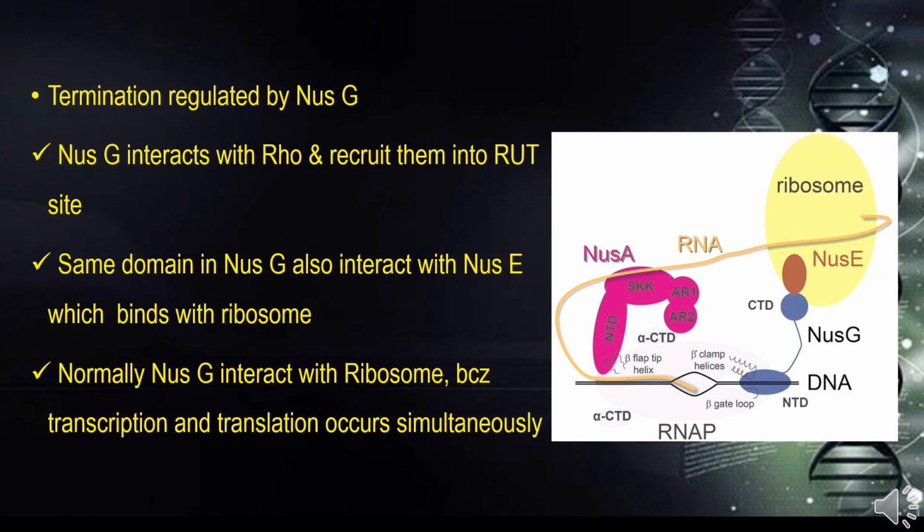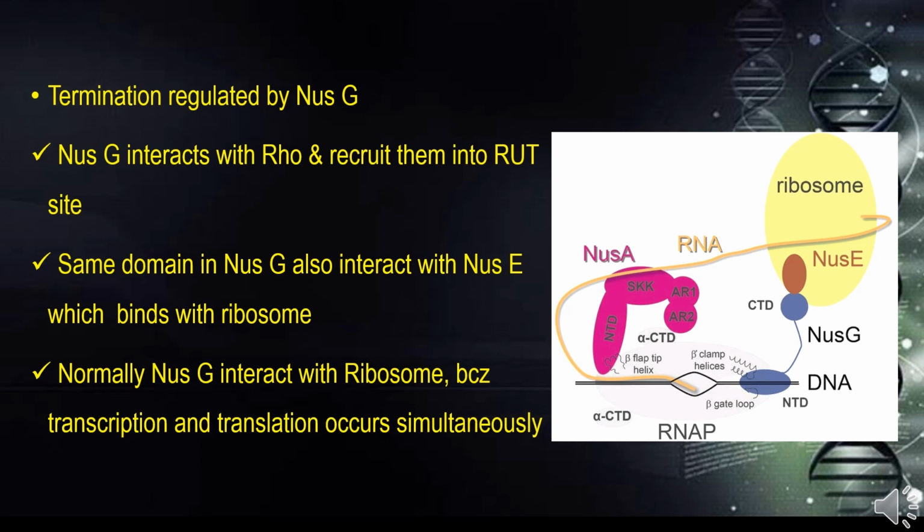In this process, that is rho-dependent termination, termination is regulated by a protein called NusG, N-utilization site protein G. This NusG protein interacts with the rho factor and recruits rho factor to the RUT site. The same domain in NusG also interacts with NusE, which binds with the ribosome.